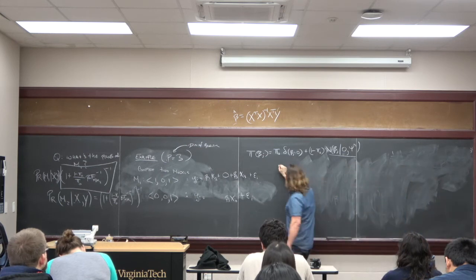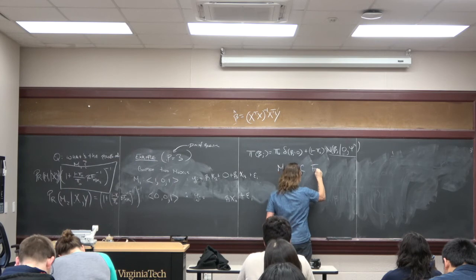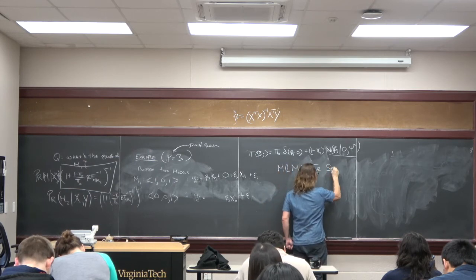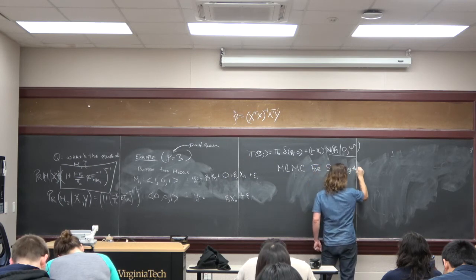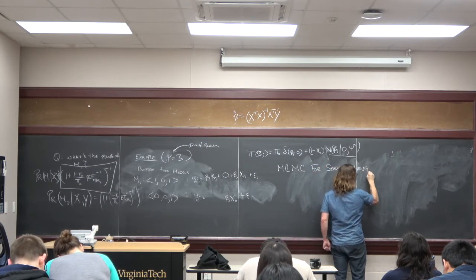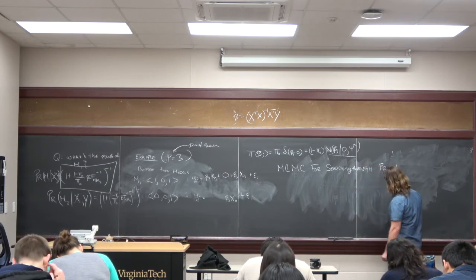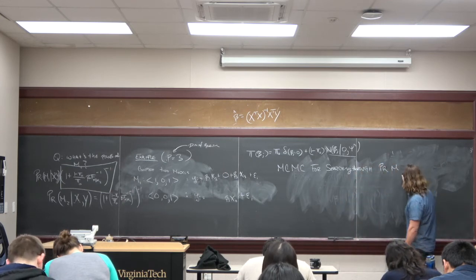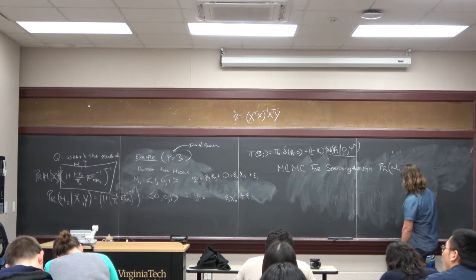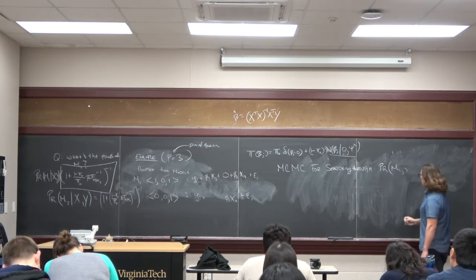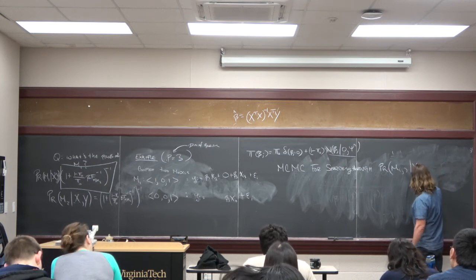So MCMC for searching through probabilities of models. The model I'll write down is these J models right here, given all of our data.